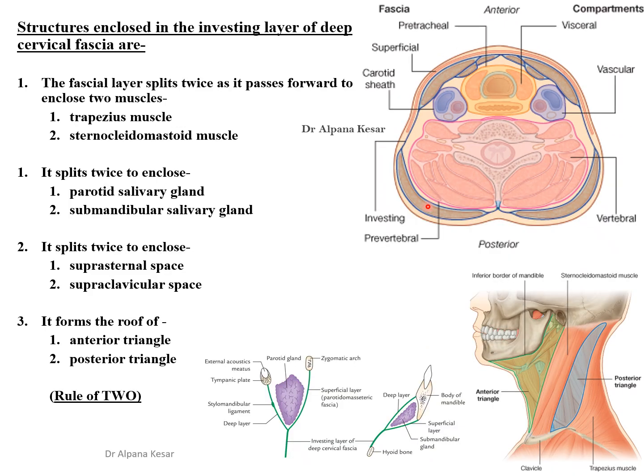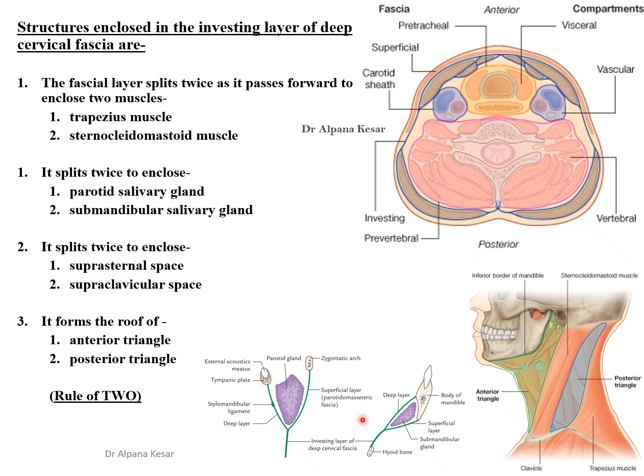The investing layer of deep cervical fascia, which surrounds the entire neck like a collar, splits to enclose two muscles. This is sternocleidomastoid and this is trapezius.